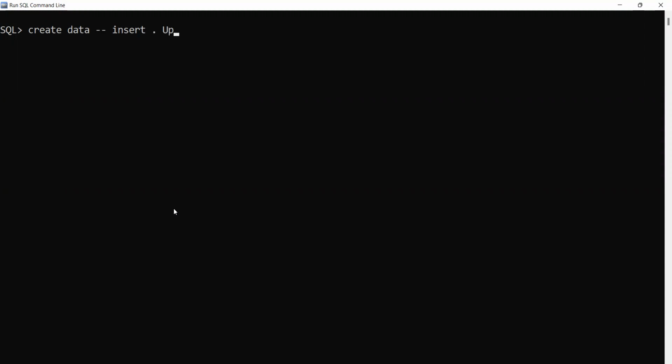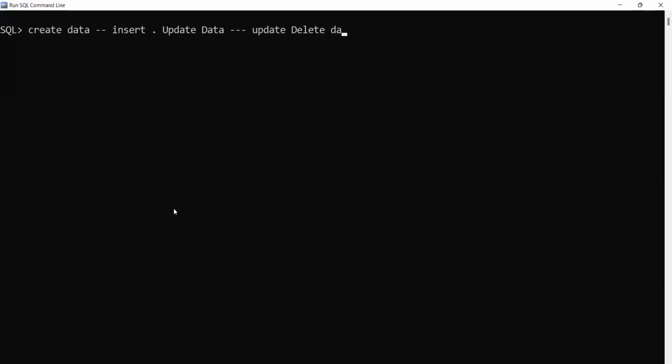Then we update or change the data. When we update or change the data, we use another statement that is called update. And again, there is only one statement that can be used to update or change the data. And the third statement is a delete statement.